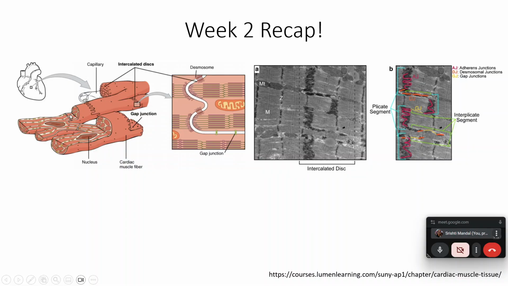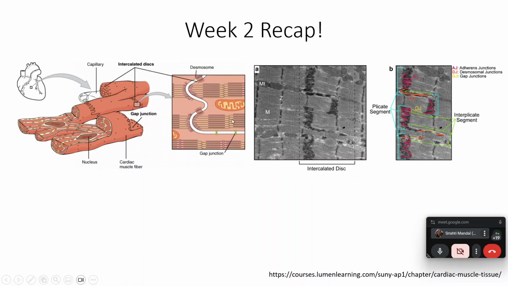Here you have singly nucleated divided structures with intercalated discs in between them, and very importantly, there are branches. These intercalated discs contain adherens junctions, desmosomal junctions, and gap junctions, which are important for functional connectivity between cardiomyocytes. They help with transmission of electrical activity as well as mechanical activity.